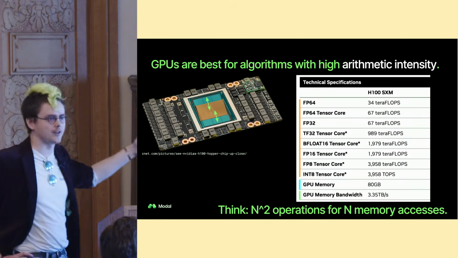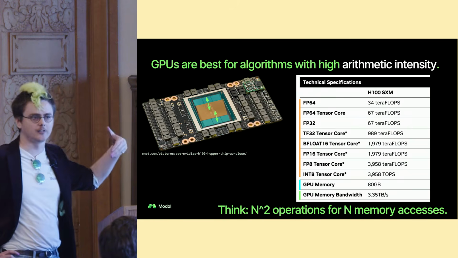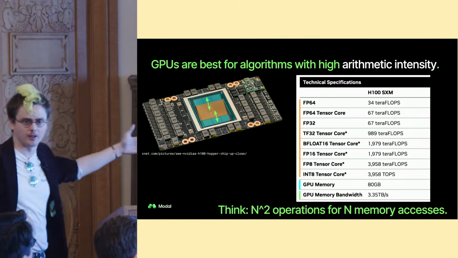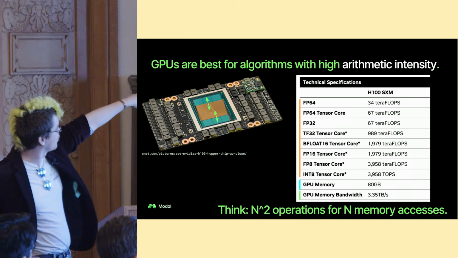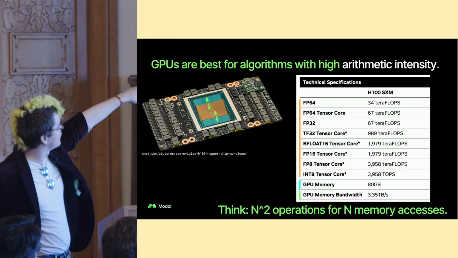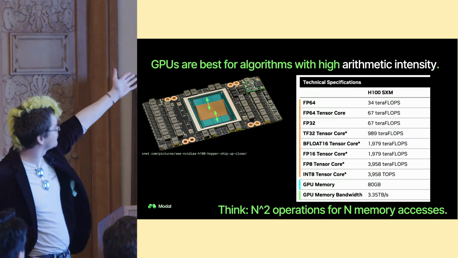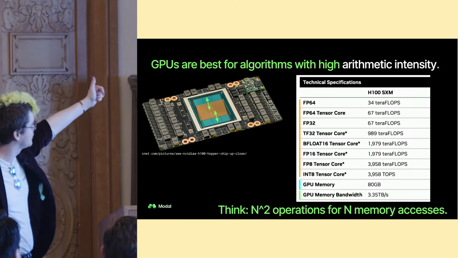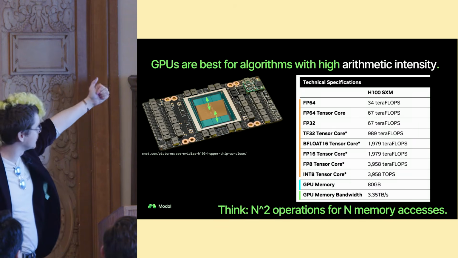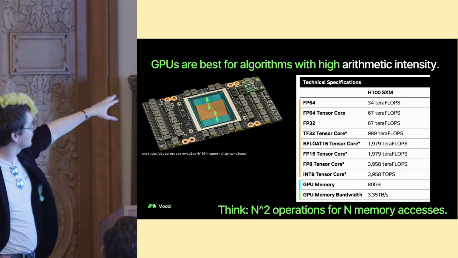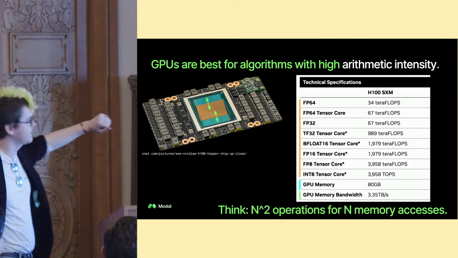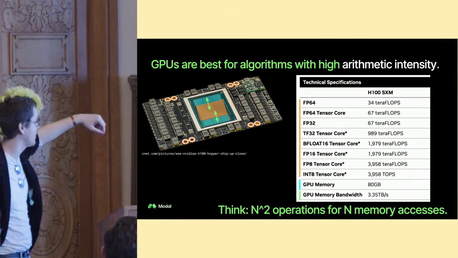But in order to have a number to operate on, a number needs to end up in the registers, right? So the processor is the orange part that I've highlighted there. The numbers are usually stored in the random access memory of the GPU, which is the thing I've highlighted in blue. That memory is soldered on, it's HBM3E, I think, for this GPU, high bandwidth memory.